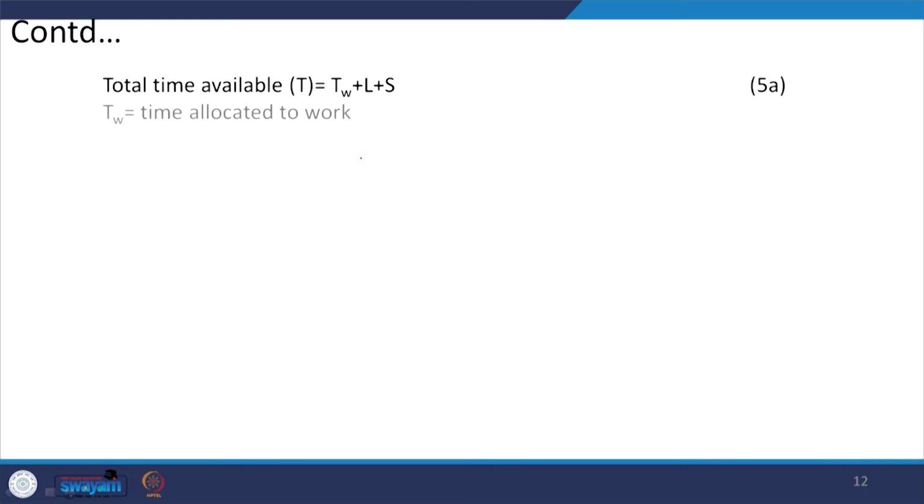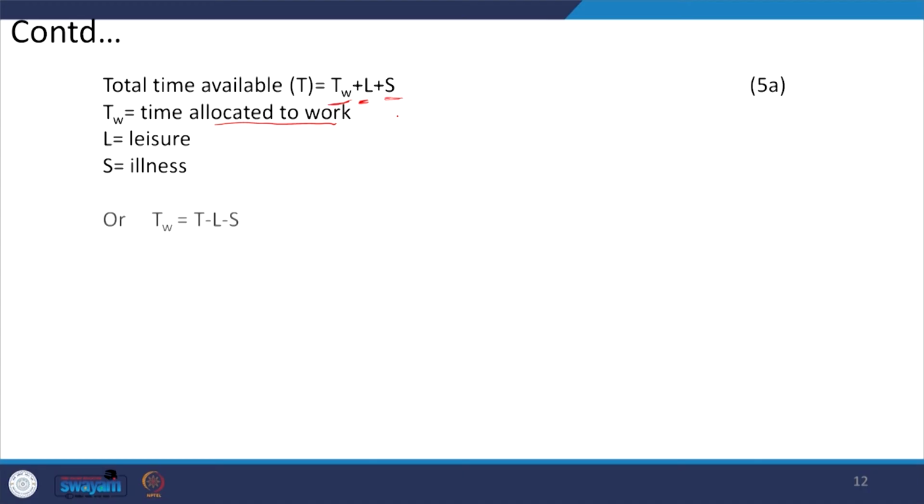His time availability depends on the time allocated towards work, which is reflected as TW, and how many hours he is spending on leisure, L. The third component of the total time available to him is the number of hours a day a person is falling sick. That is why he is not actually available for work.